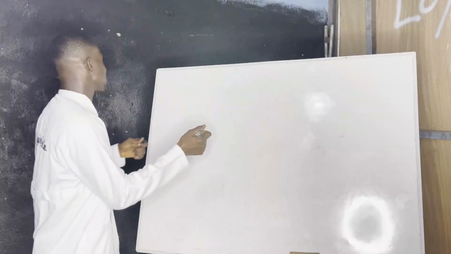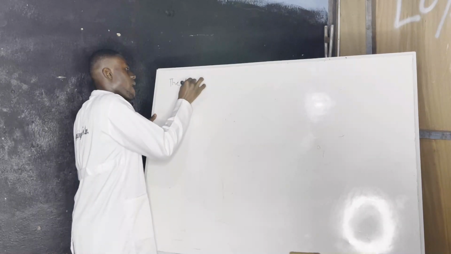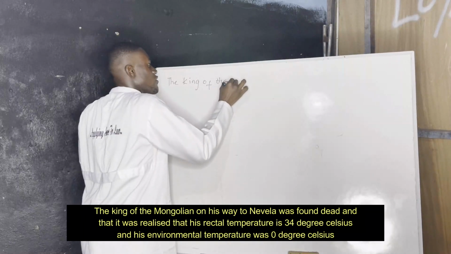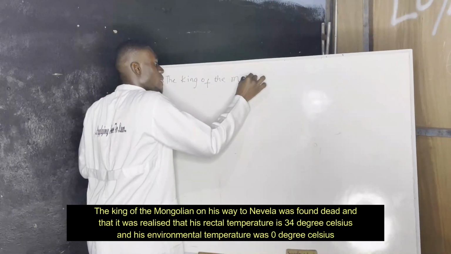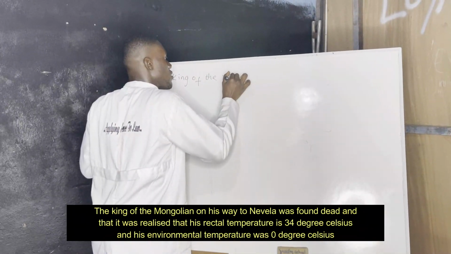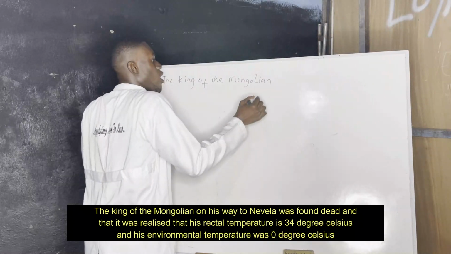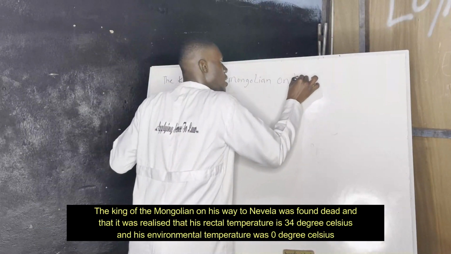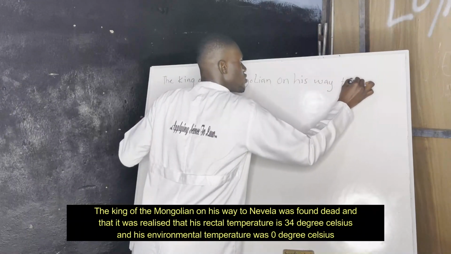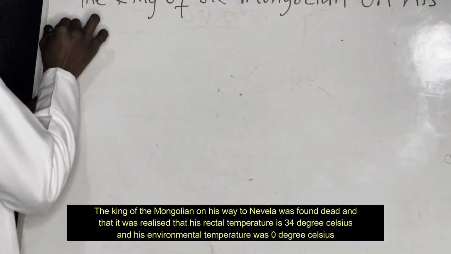The second example is the king of the Mongolians. On his way to Nevela, he was found dead.